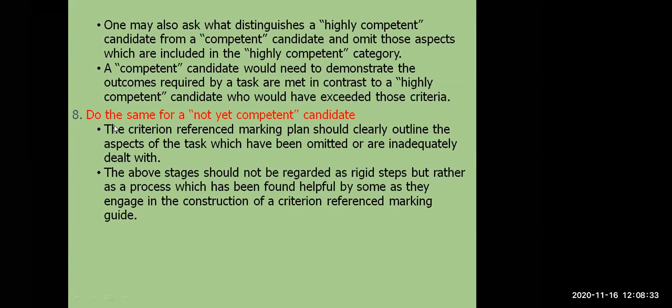You see, when we have to define not yet competent, that means if he is not able to do such and such things, he is not at the minimum level even, then we say okay, he is not yet competent. But at the same time, we should be able to identify what else he should do. We have defined the criteria for highly competent, then competent. That means if he is not meeting the competent level, he has to work more, and the instructor, the teacher, has to identify this.